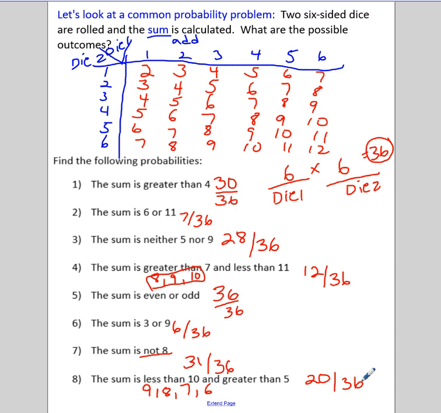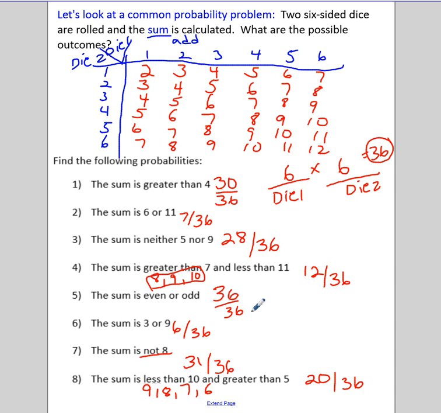Right? So that's it for these dice problems. But before I wrap up, I just want to ask you a quick question. We talked about the difference between theoretical probabilities and experimental probabilities, right? Are all these probabilities that I found here theoretical or experimental?